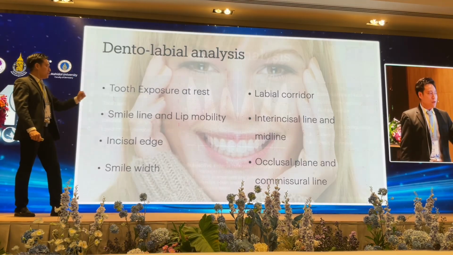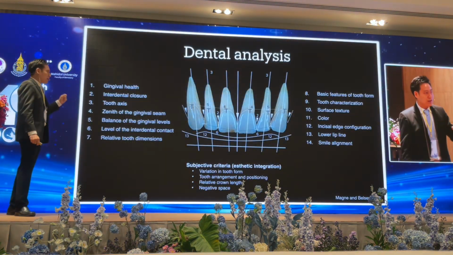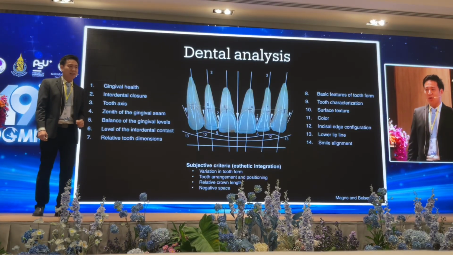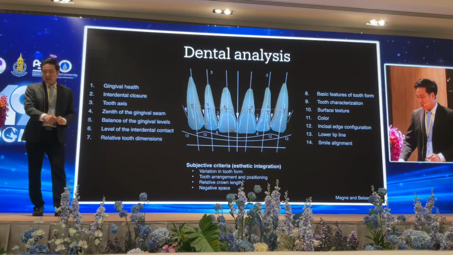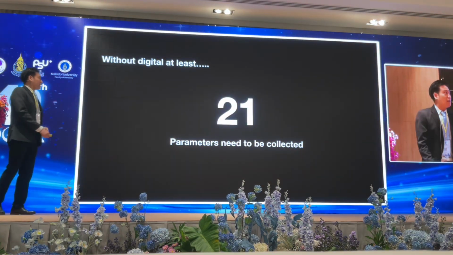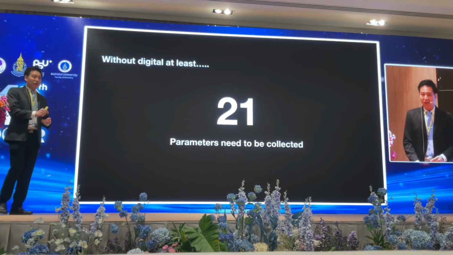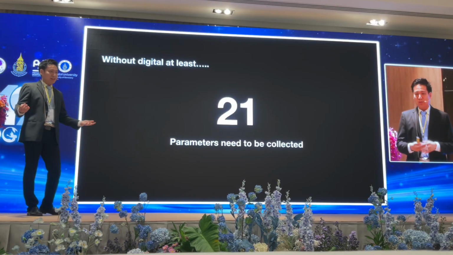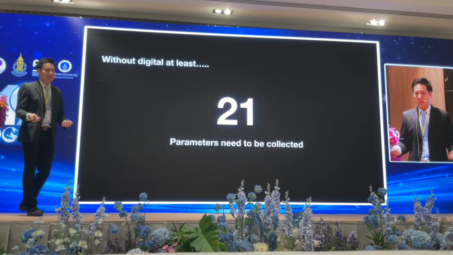But if you open the patient up and look closely, you have around 14 more parameters to collect. So without digital technology, you need to collect at least 21 parameters to be registered in your information and make it right.